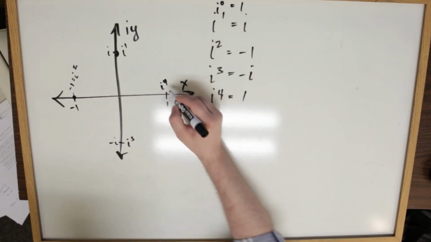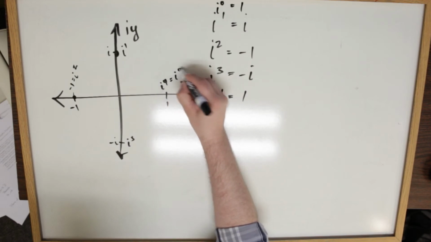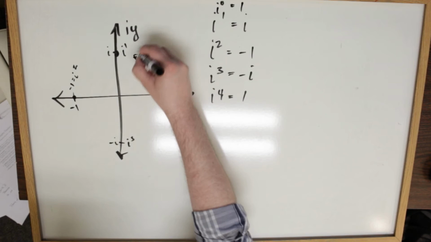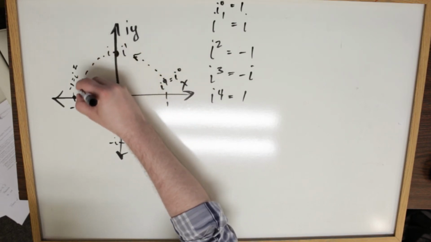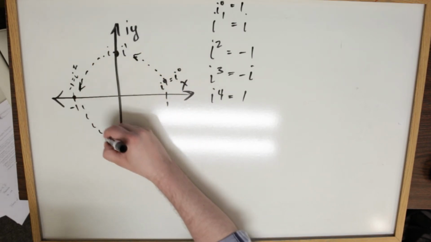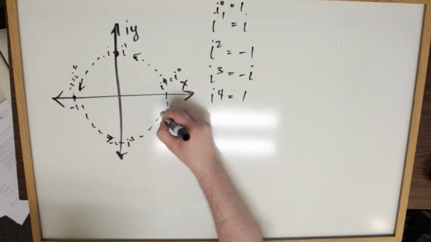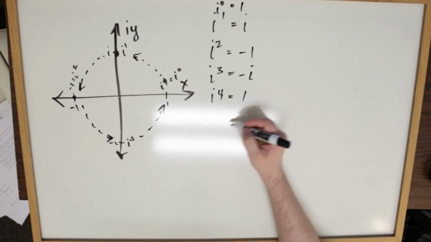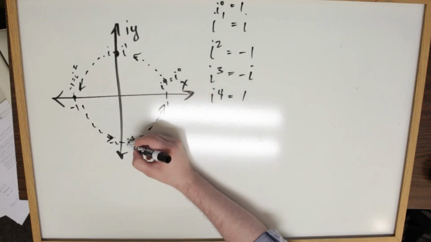This is 1, the same as I to the 0. What you do is keep going around in a counterclockwise pattern to follow where you're at. This is when you're increasing powers of I. When you go backwards, it flips and goes backwards as well.